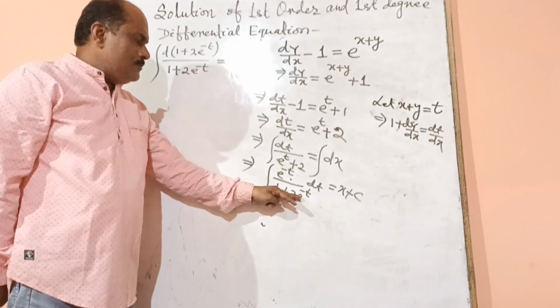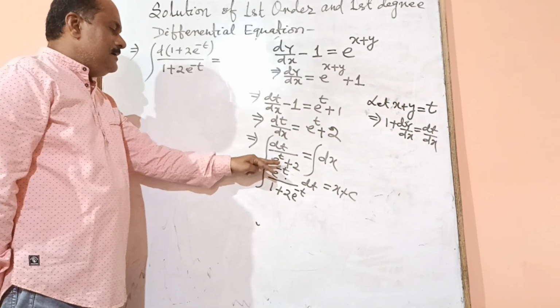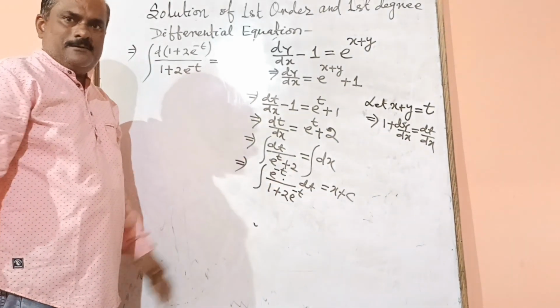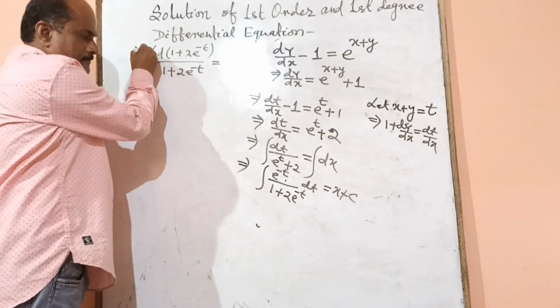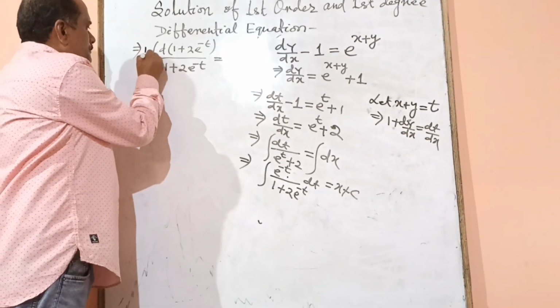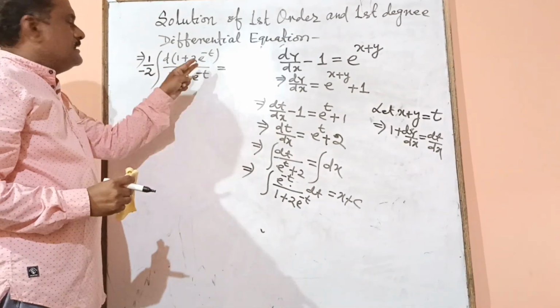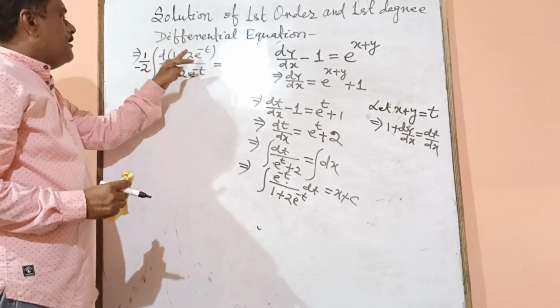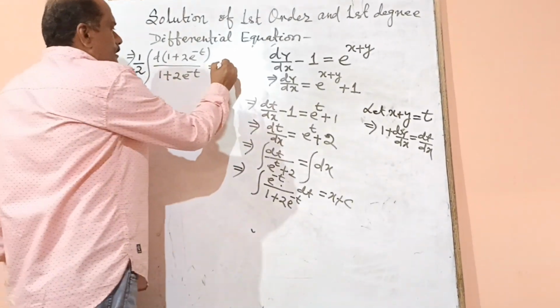Minus 2 e to the power minus t. But here is e to the power minus t, for which I divide it with minus 2. To keep the integration formula, integration of derivative of x by x is equal to log x.